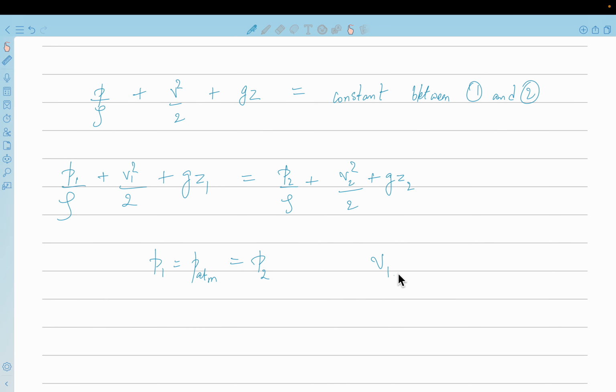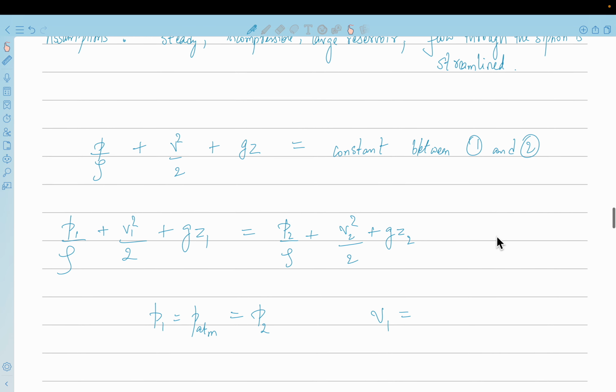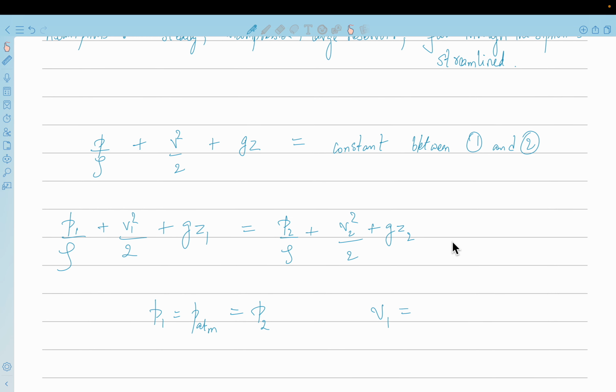What about V1? What can we say about V1? Yeah, because the reservoir is large, we can say that the change in the surface is almost negligible. Surface height is moving very slowly.